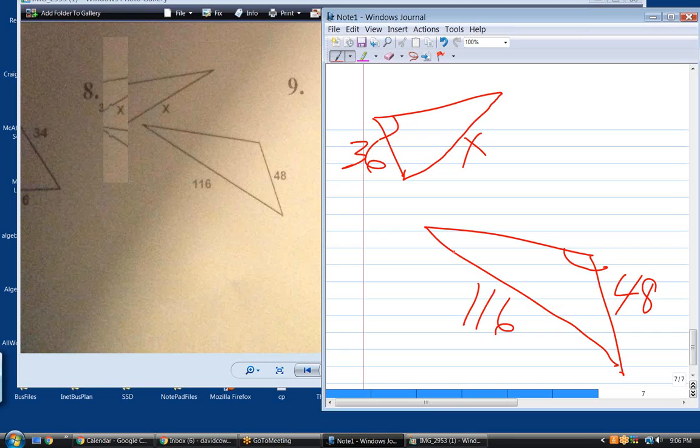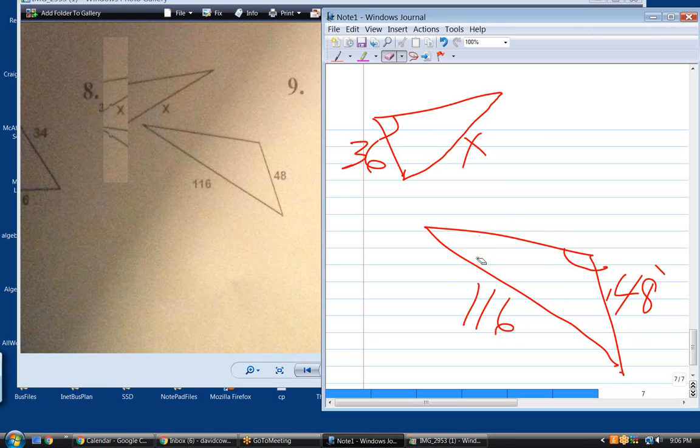Okay. Well, what do I know about this side and that side? If this is the obtuse angle, then this side here we'll call y. Hold on, let me go back a second. That angle's equal to that.